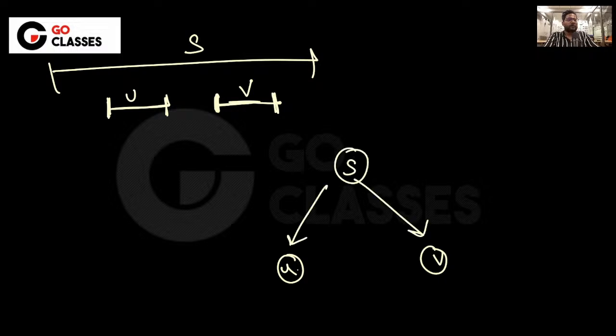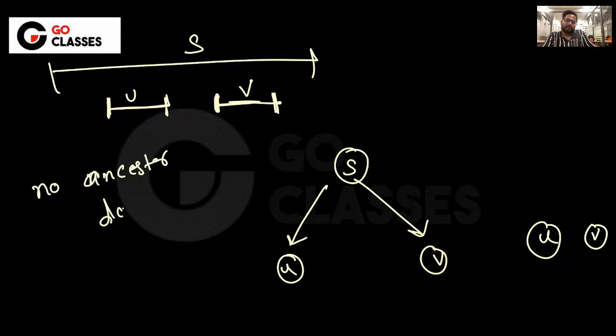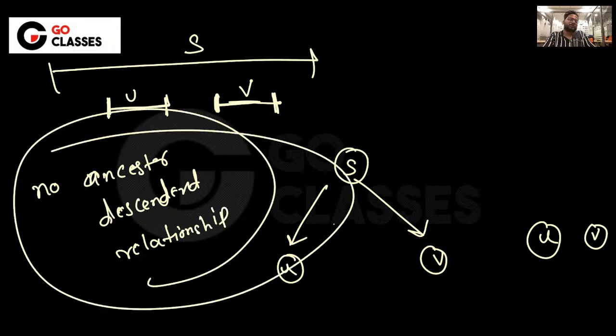If s is not there, it could even be two different trees, two different components, which is fine. But these have no ancestor descendant relationship between u and v.